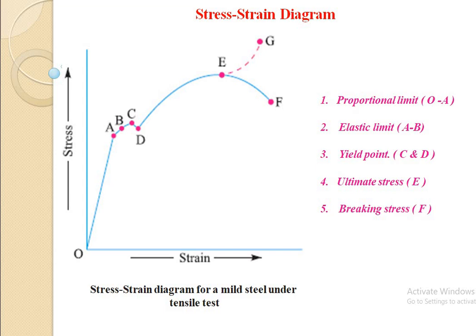Now, what is this simple tensile test? This simple tensile test consists of gradually loading a standard specimen of a material and noting down the corresponding values of load and elongation until the specimen fractures.